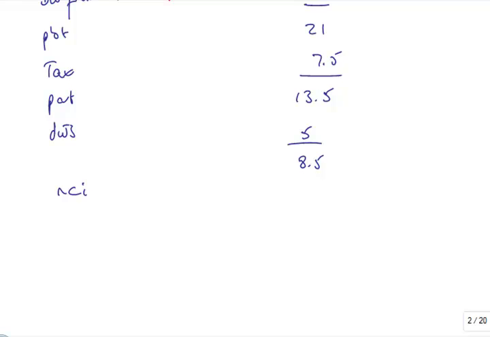NCI is in working 4B. But we've not done working 4B yet. But we have reached the end of the comprehensive income statement.